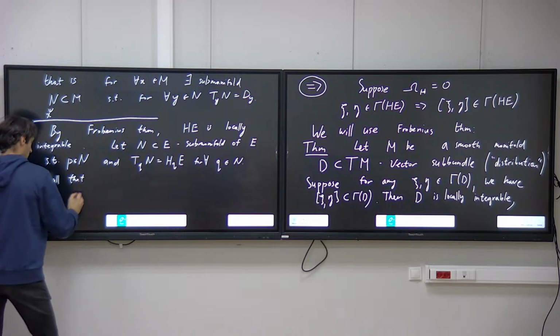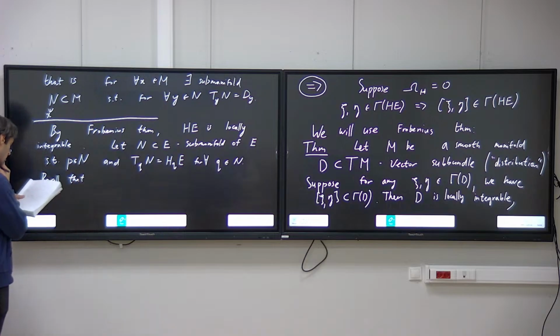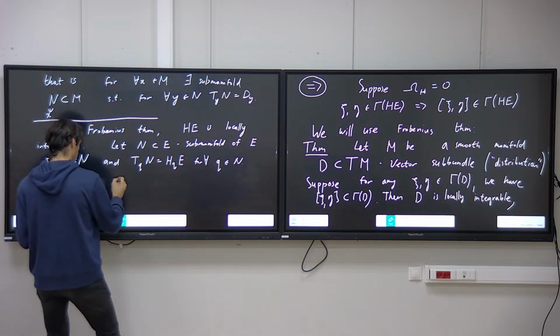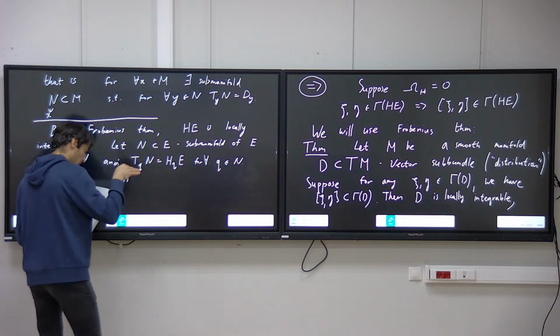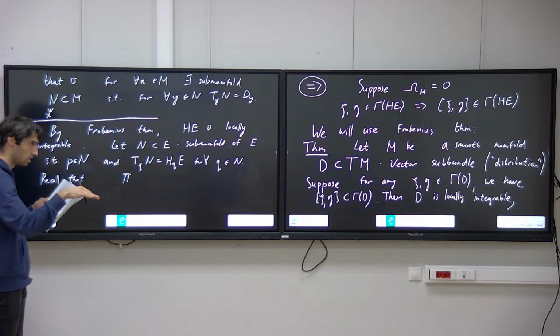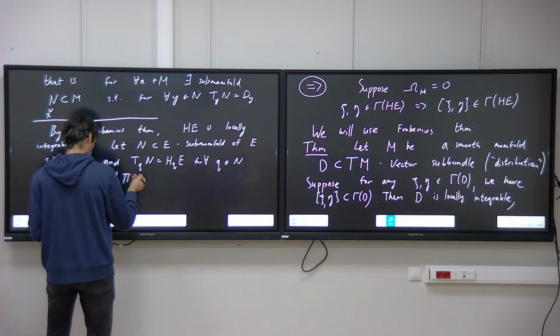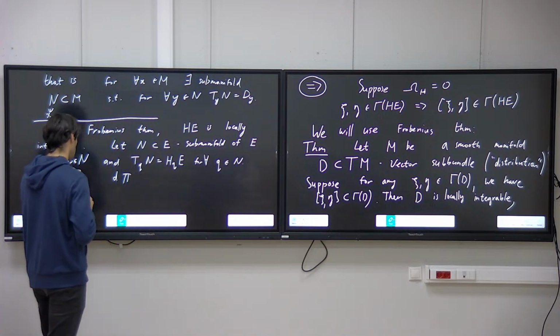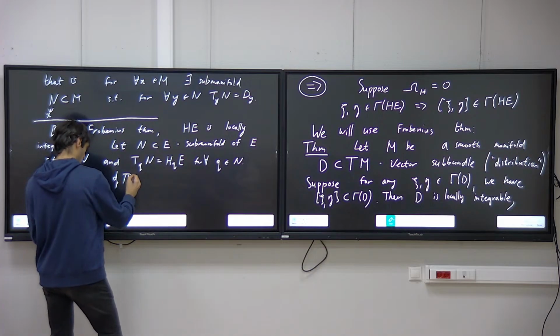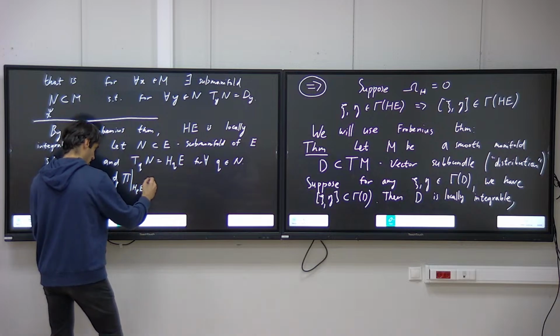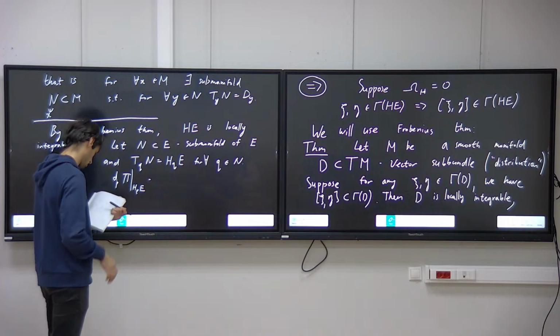we have pi, which is the projection of E to X, and by the definition of HE, if I have d pi restricted to H_P E, this is just an isomorphism.